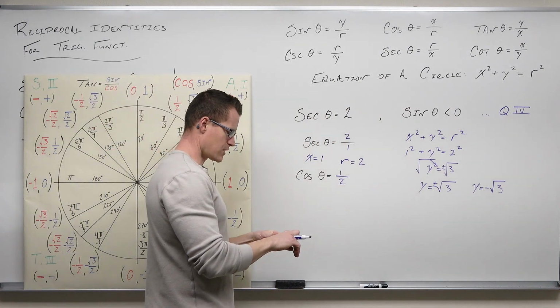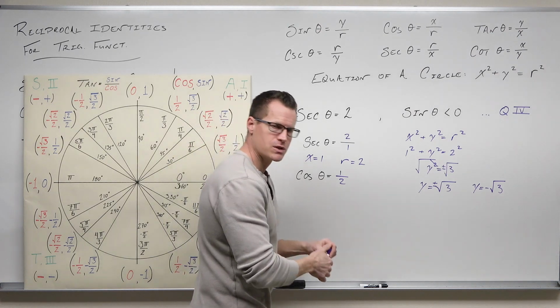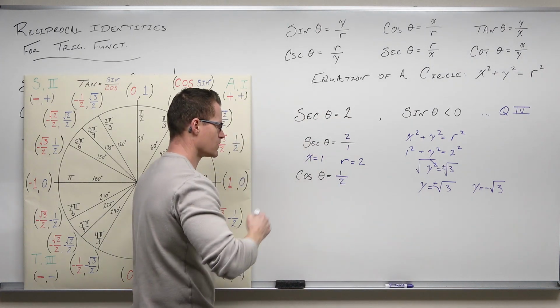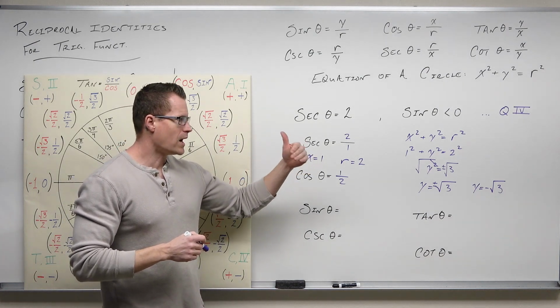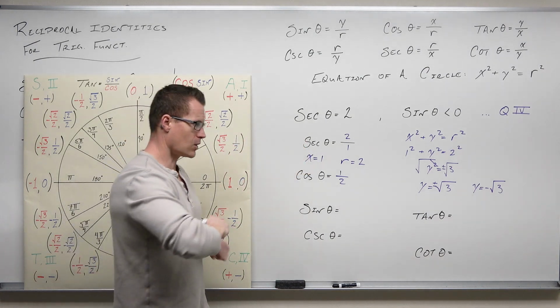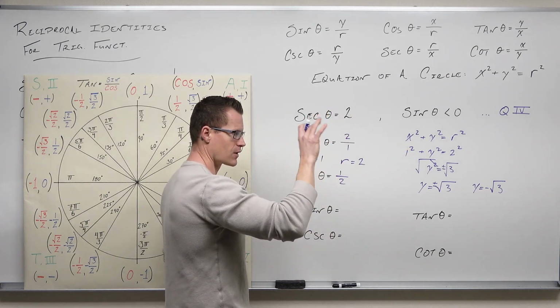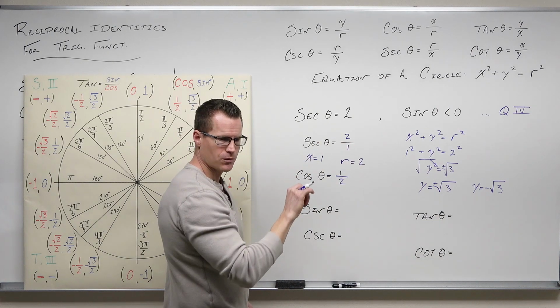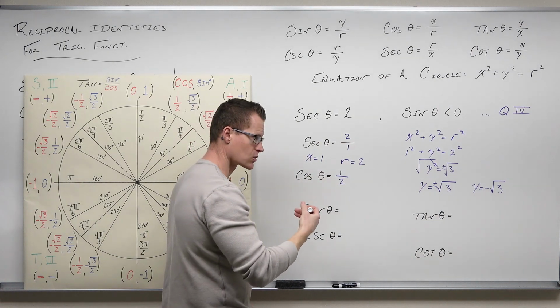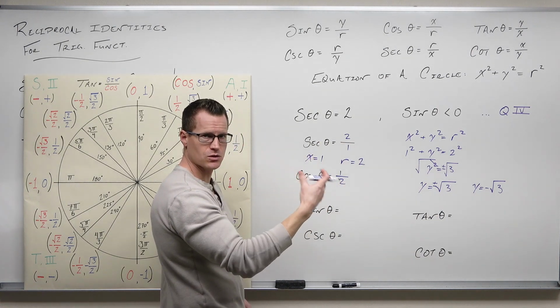So we can go through and figure out sine theta and then cosecant theta, tangent and cotangent theta. So sine theta. Sine theta is going to take your y divided by your r. That's how it always works. That's opposite over hypotenuse, or the y coordinate over your radius on some sort of a circle. This is not necessarily thought of as a unit circle. You can.